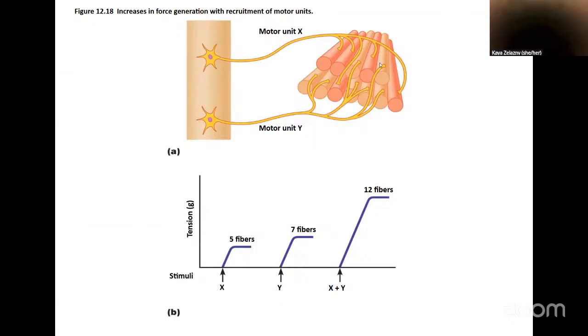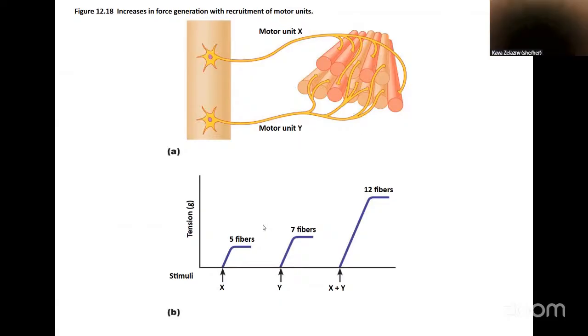Here we're looking at two different motor units, motor unit X and motor unit Y. We remember that a motor unit is a motor neuron that splits and links up to multiple muscle fibers. Any given muscle fiber goes back to one motor neuron, not multiple, but any given motor neuron goes out to multiple muscle fibers.